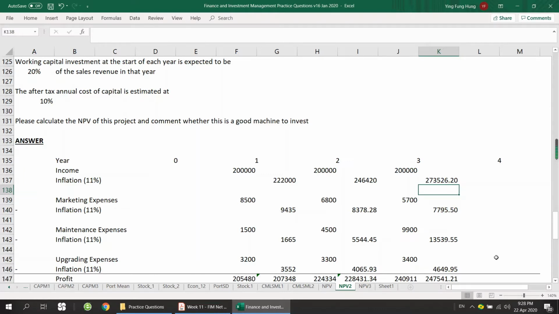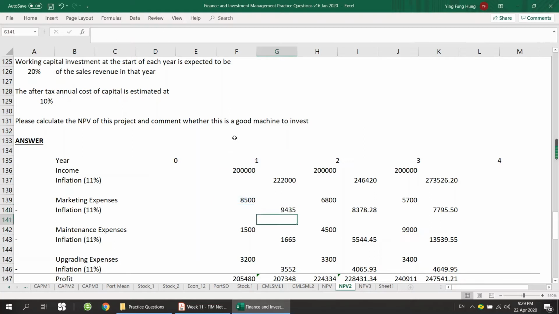Not only will the income grow by the inflation rate, the marketing expenses, maintenance expenses, and the upgrading expenses will also grow by the inflation rate. So in this case, for the first year, the marketing expenses of 8.5 thousand is going to grow by this 8.5 thousand times 1 plus the 11% inflation rate in the cell A113 raised to the first power because it's just the first year.